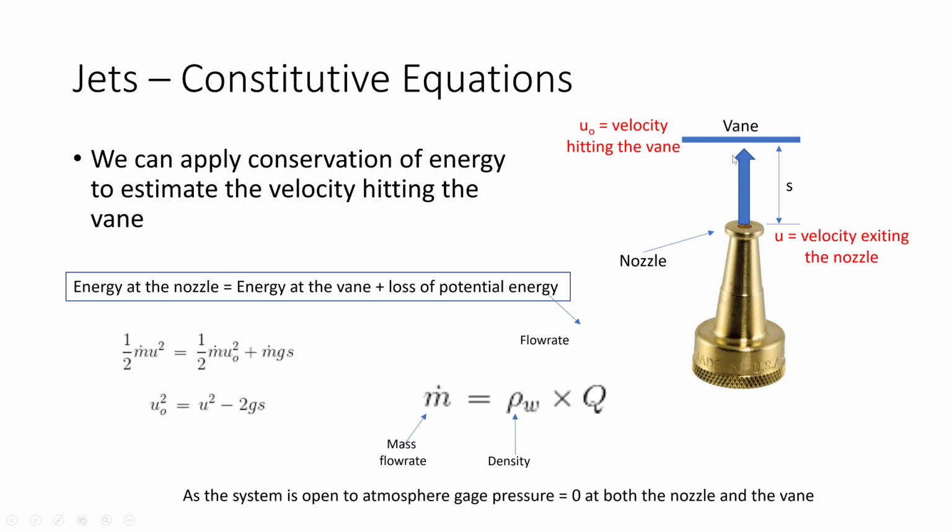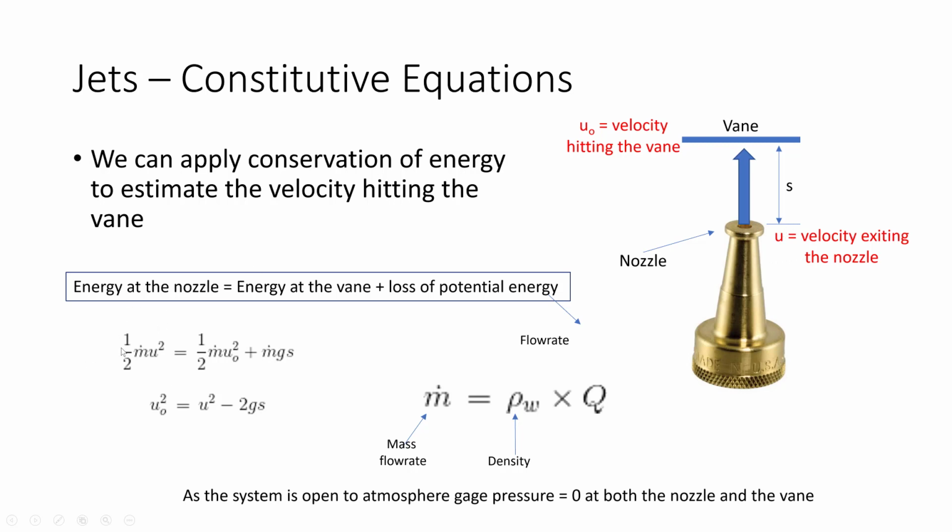So we can write the conservation of energy equation for the energy at the nozzle, which is here. This is open to atmosphere, so our gauge pressure is equal to 0. If we assume that the nozzle is our datum, then we also have no potential energy term here.